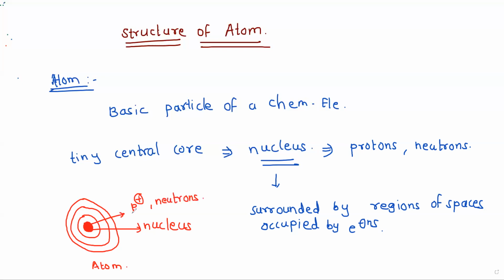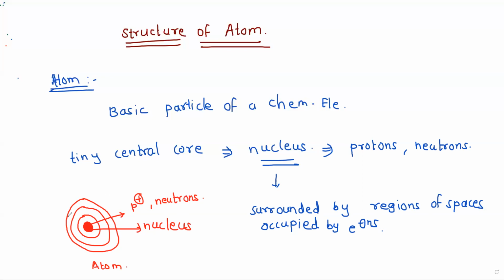We also know that protons are positively charged, so I have drawn P plus here, but neutrons do not carry any charge. So they are chargeless species. So they are neutrons. Okay. And further we have said that the nucleus is surrounded by regions of space. So these are the regions of space.